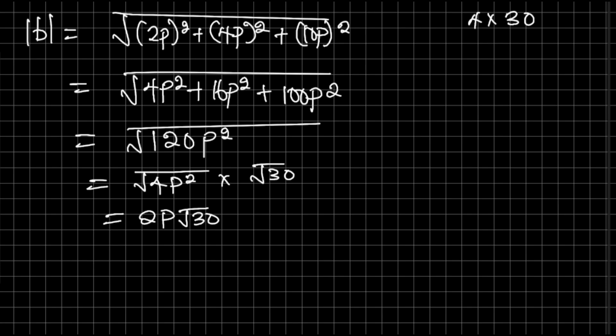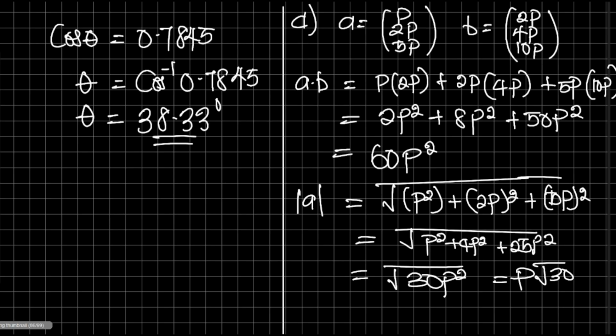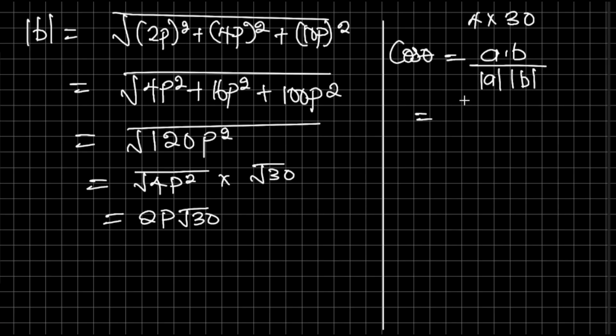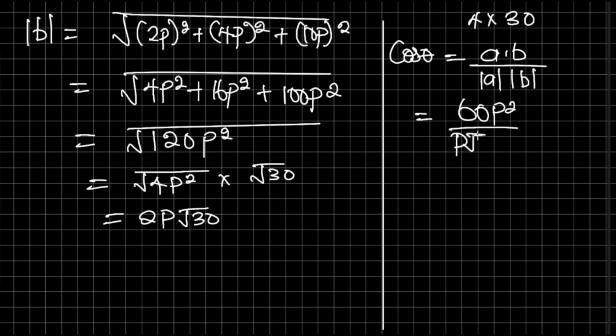Okay, so now that we have all of this, let's find cos theta. Cos theta equals A dot B all over the magnitude of A times the magnitude of B. What is A dot B? 60P squared, all over the magnitude of A, P root 30, multiplied by the magnitude of B, 2P root 30.